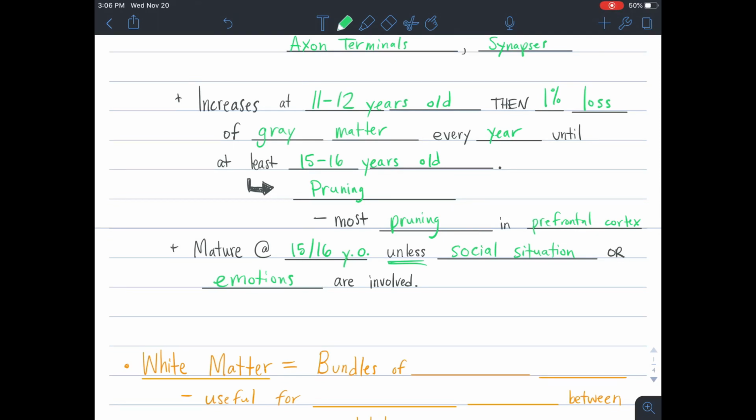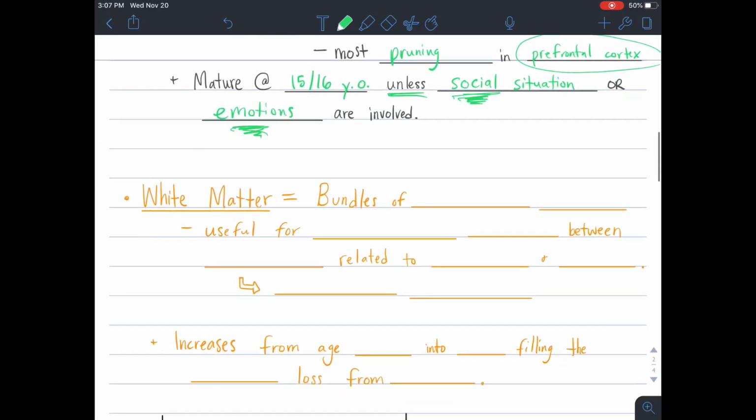So imagine if you're trying to make a decision. If it's a social decision or an emotional decision, we completely lose the functioning of our prefrontal cortex if we're 15, 16, 17, 18, 19, 20. Once you get over 20, then your brain actually starts to mature, and it can actually handle the extra stress from social situations and emotional situations to make those decisions.